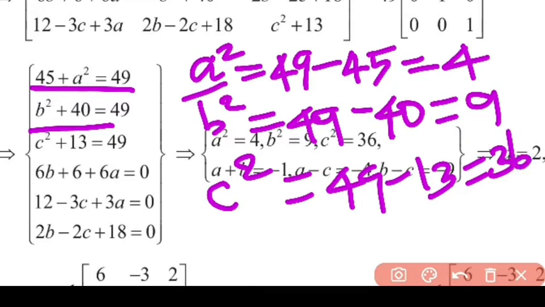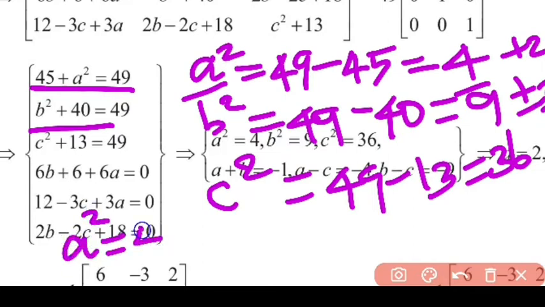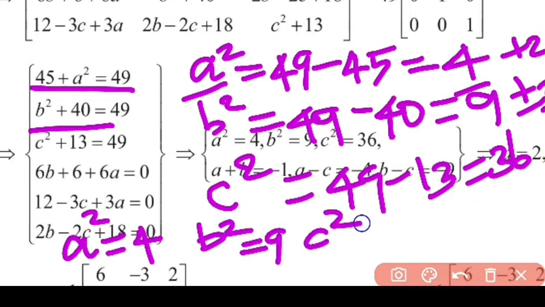So a square equals 4, a equals plus or minus 2, b equals plus or minus 3. So a square equals 4, b square equals 9, c square equals 36.